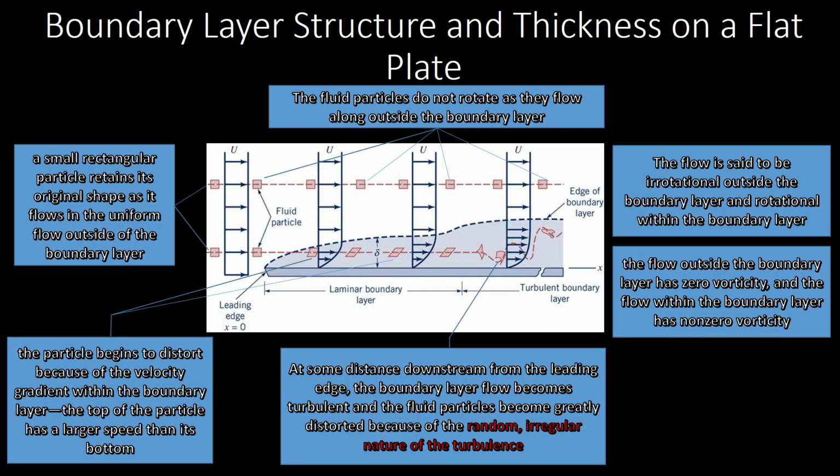So first we need to know what happens to the boundary layer structure and thickness on a flat plate. First thing first, as we studied in chapter 1, I guess you still remember the no slip velocity.